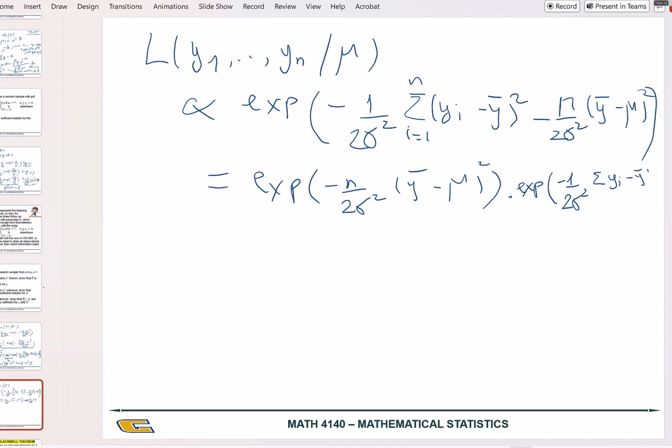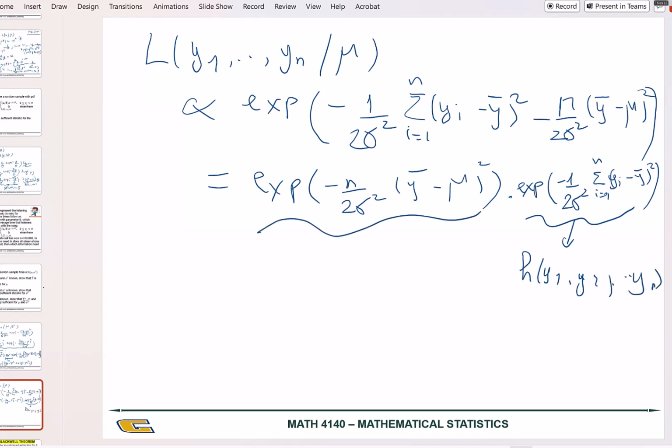So this equals the exponential of minus n over 2 sigma square times y bar subtract mu, square, times the exponential of the remaining term with y i square. I reverse the reduction, but this one is just my h function, h of y1 to yn, and this one is my g of u, mu, where u equals y bar.